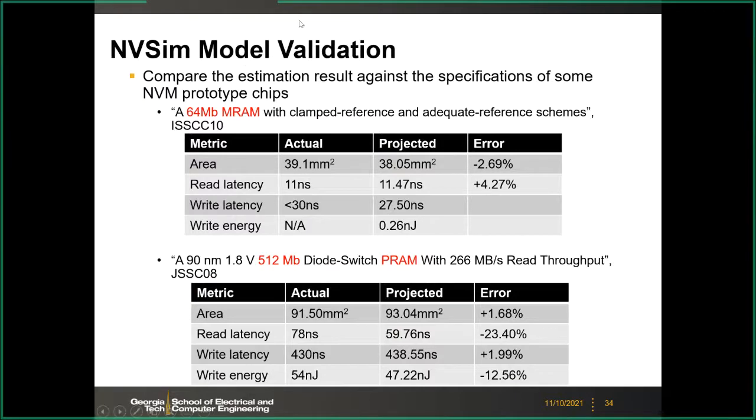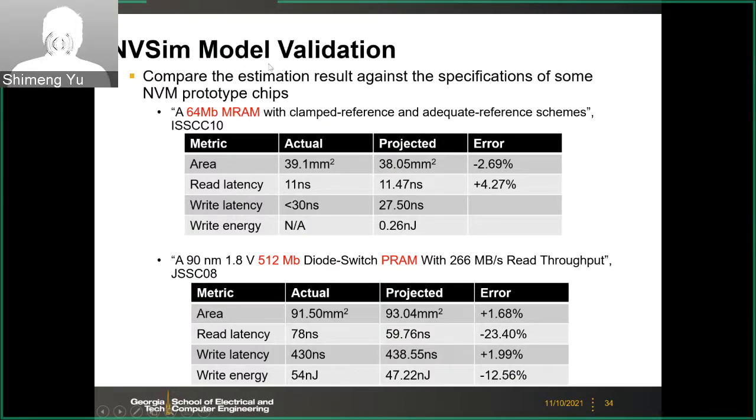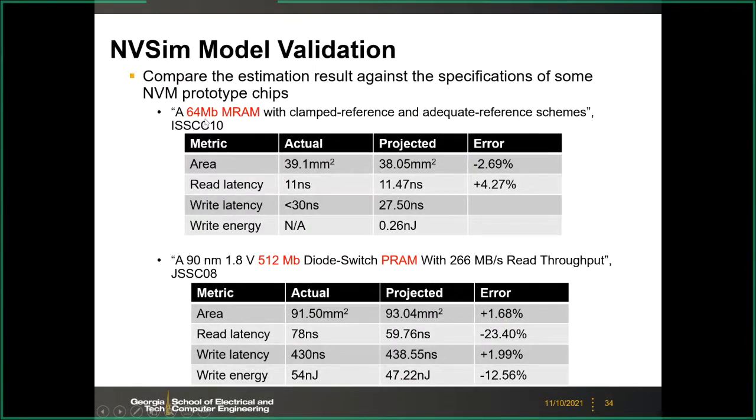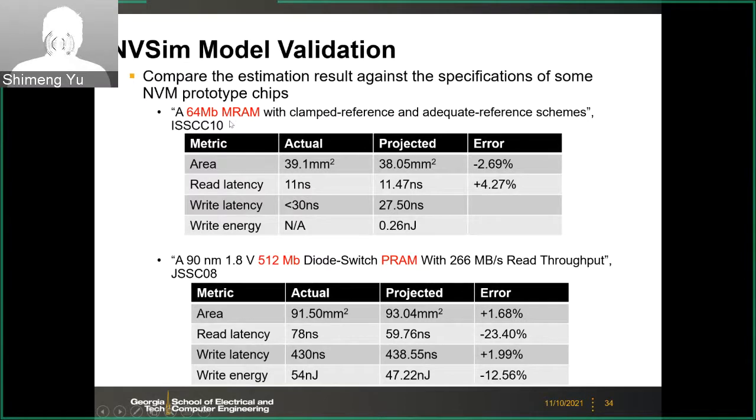So here is some validation of the model prediction from the tool versus reported actual chip performance. For example, this is a 64 megabit MRAM, magnetic random access memory, from ISSCC 2010.